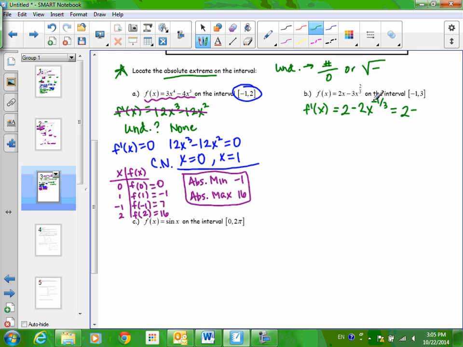Okay, x to the negative 1/3. The negative means, hey, put this x in the denominator. What is the 1/3? It means to cube root it. Okay? So remember, we have to check 2 things. We have to check undefined and 0. So where is this thing undefined? What x value?